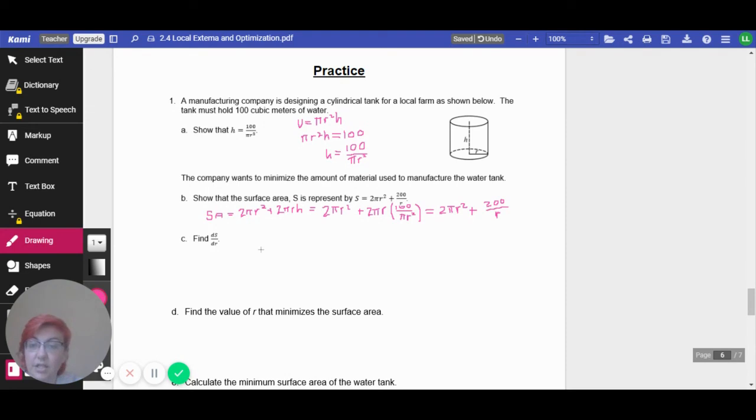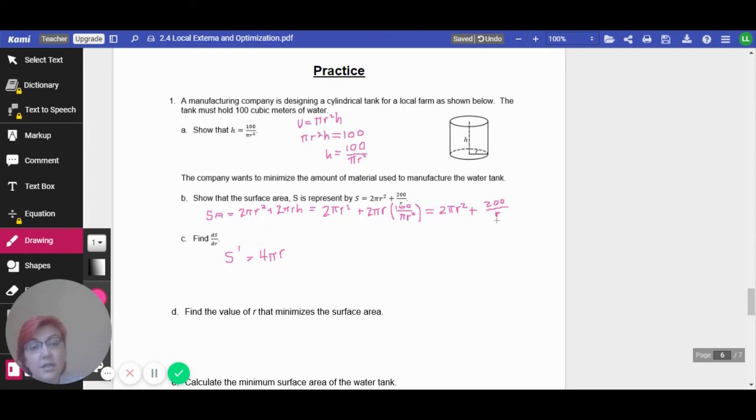Now let's find the derivative. Really quick, remember that this is 200 r to the negative 1. So to find s prime, 2 times 2 pi is 4 pi. And then we have r. 2 minus 1 is 1, so it's just 4 pi r.